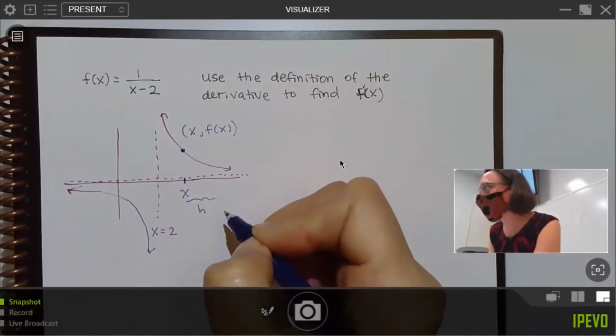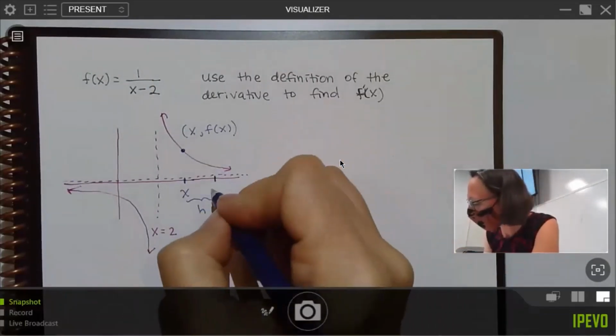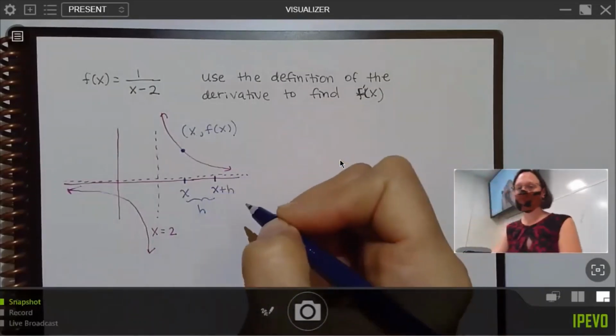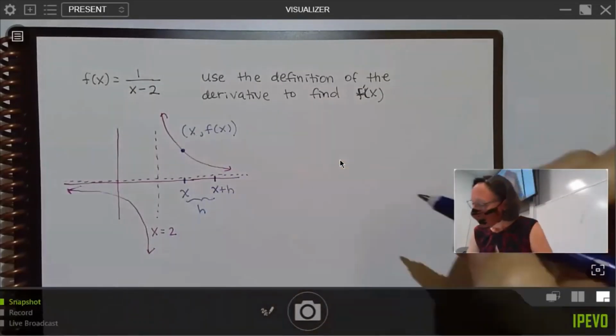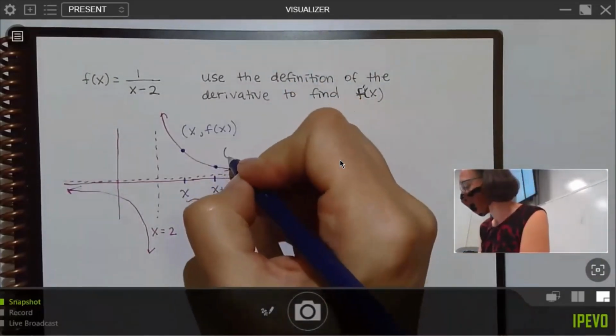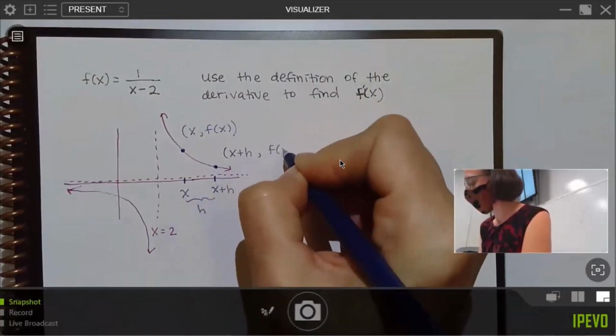That's why I call it h, because I took a little hop. Then the x value over here would be x plus h, x plus that little bit that I've moved. Which means the coordinates at that other point would be x plus h, comma, f of x plus h.